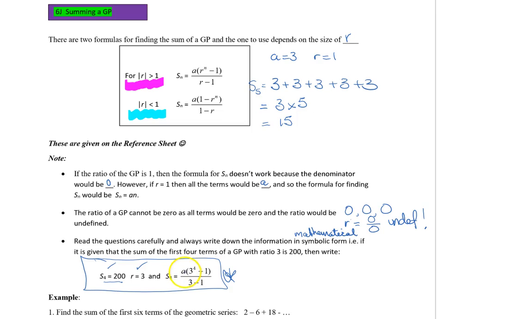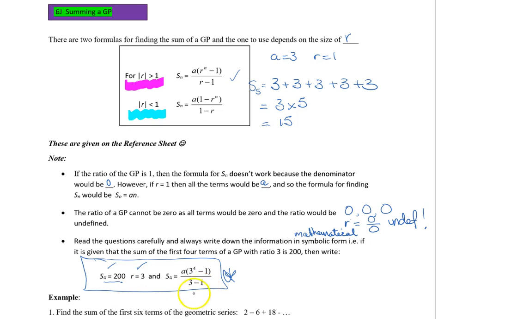So knowing this formula, well, actually there are two formulas. Which one will I choose? Again, you've got to know the fact that you will choose when the ratio is a number greater than 1, you choose this format, which you can see I have based this little equation on here. So it's A times, the ratio is 3, n is 4, minus 1, over 3 minus 1.